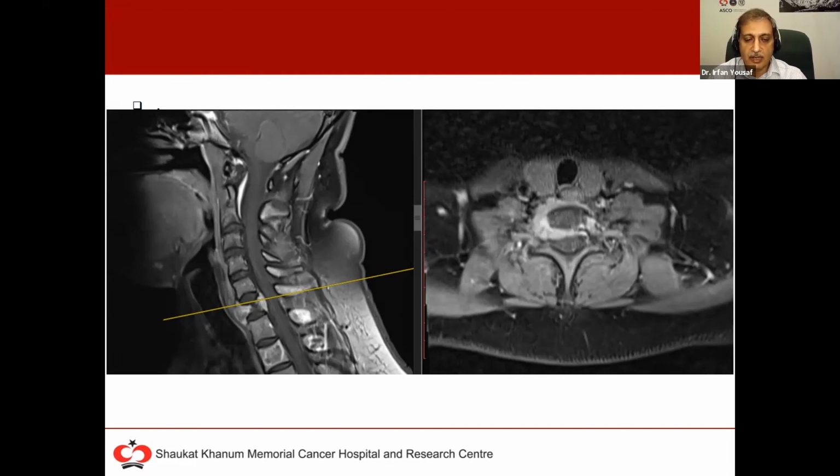And here we were in a situation where there was impending cord compression and a real chance for the patient to deteriorate markedly in case the compression fracture progresses and nips the spinal cord. So on balance, as a surgeon, we decided to go ahead with fixation to stabilize the spine and then allow the oncology team to go ahead with the treatment and see how well the patient responds to that.